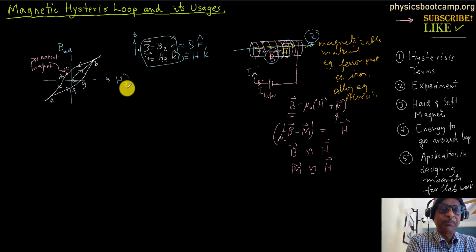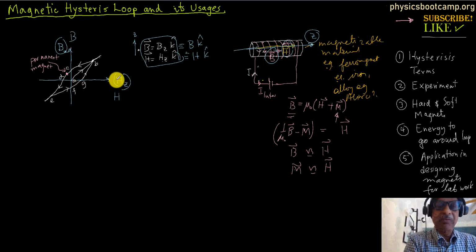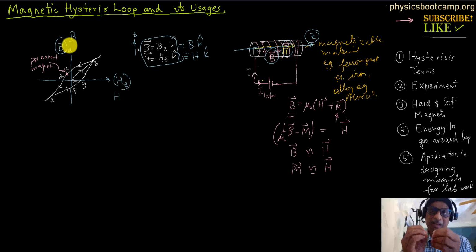So instead of this, you just write H, and instead of this, you just write B. Although we're drawing a component here, because there's only one component, we tend to not write the subscript.